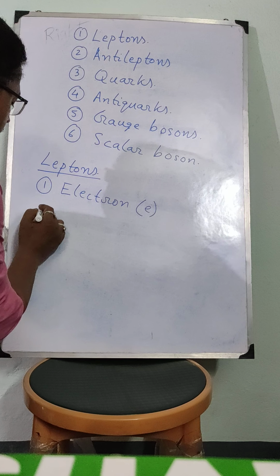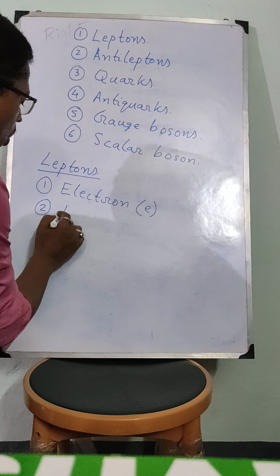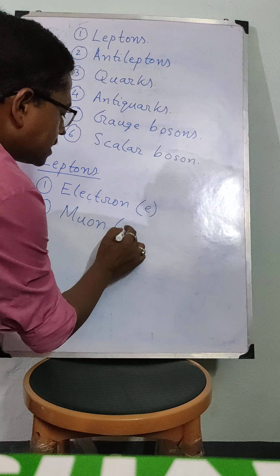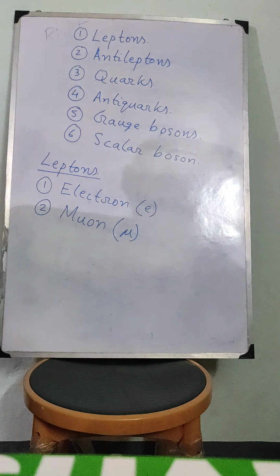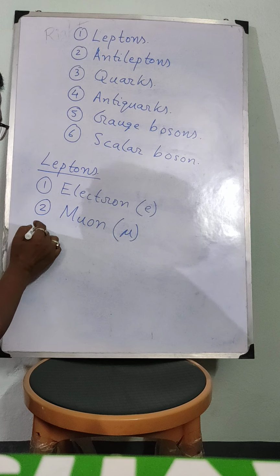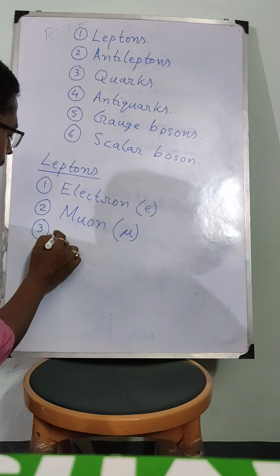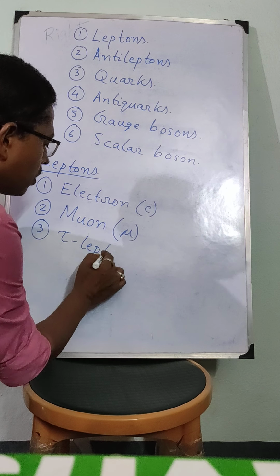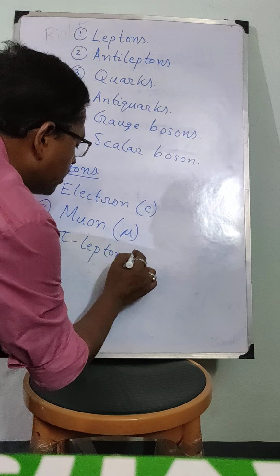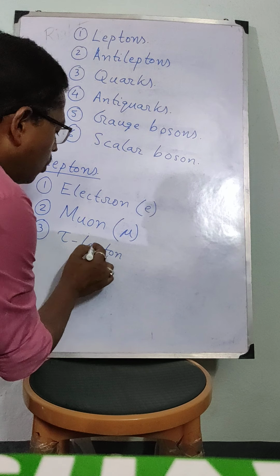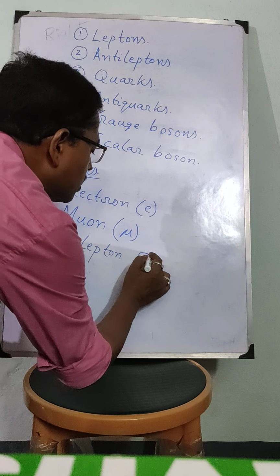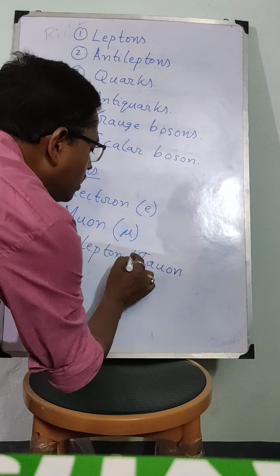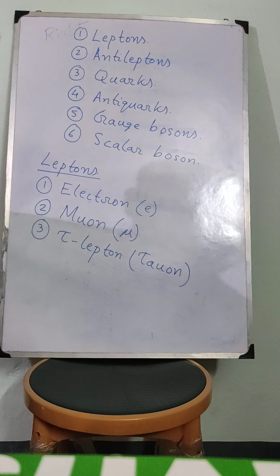Okay, then we have muon. It is denoted as small mu. Then we have another lepton, that is called tau lepton, or tauon.